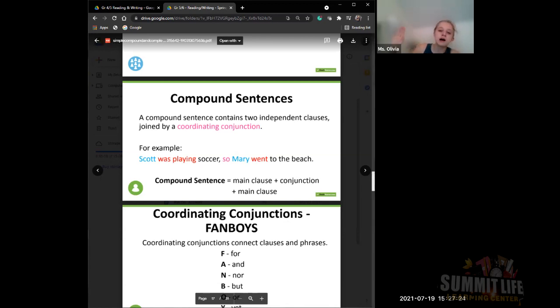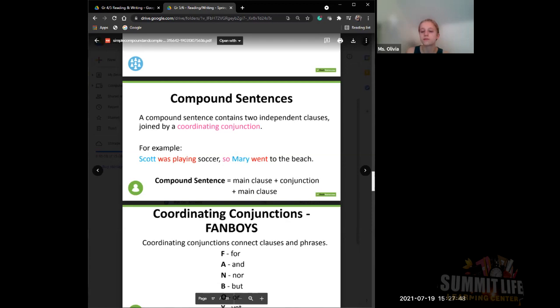Now, guys, pause your typing, please. Martin, what are our two verbs in this sentence? Not soccer.